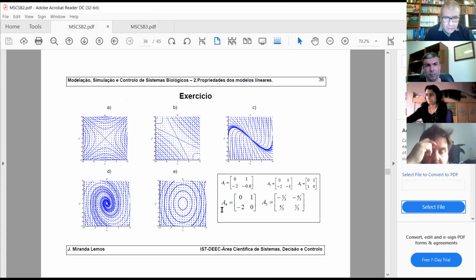So what you have to do is to compute the eigenvalues and try to reach some conclusion. So start by computing the eigenvalues for all these 5 matrices.